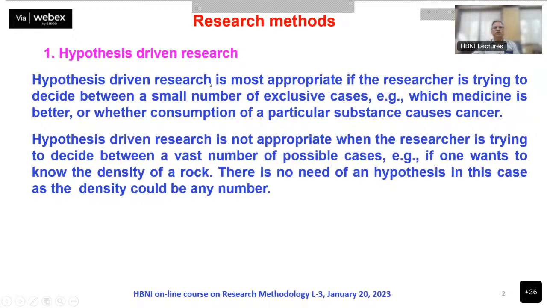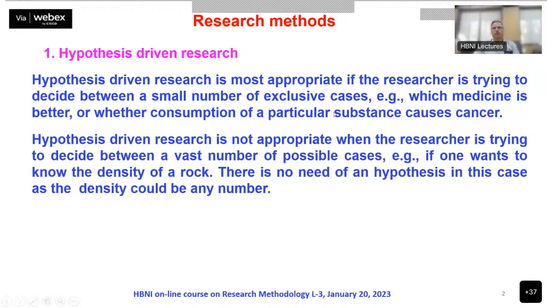Hypothesis-driven research is the most appropriate if you are trying to decide between a small number of exclusive cases. Suppose you have a few options. It can be this way or that way. Then you make an assumption that it happens like this.